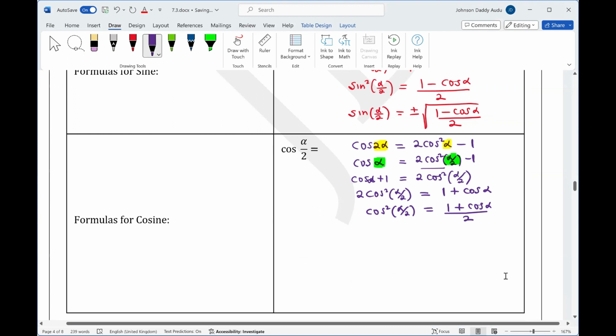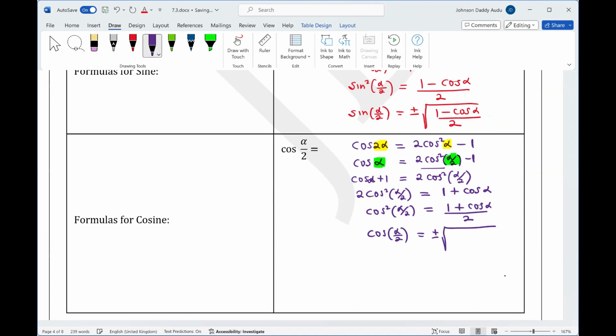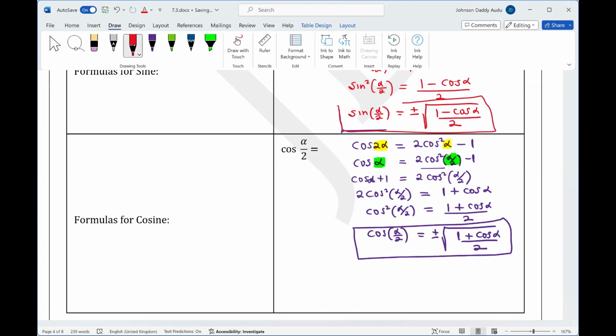Now, this means that cosine alpha over 2 is going to be plus minus root of 1 plus cosine alpha divided by 2. So this is the formula for the half angle of cosine.